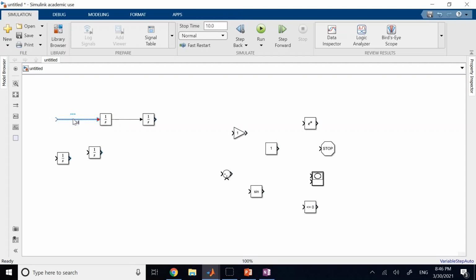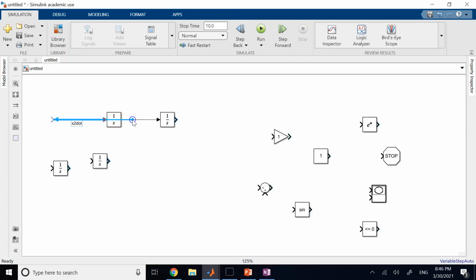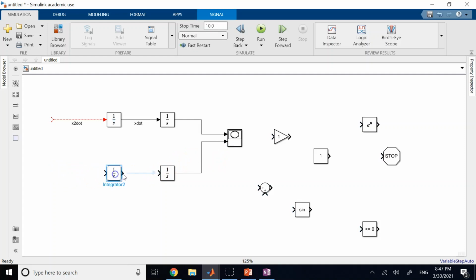I call it x2 dot, and here is x dot. You integrate it, and then you have x, and similarly this is going to be y, this is y dot, and this is y double dot.